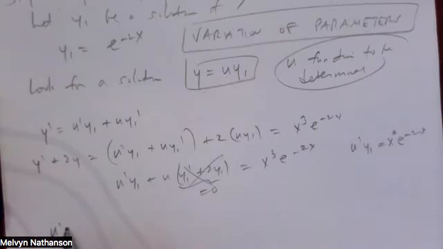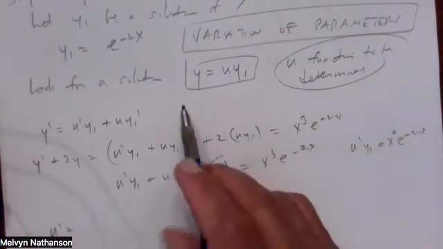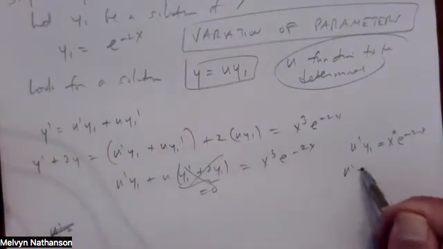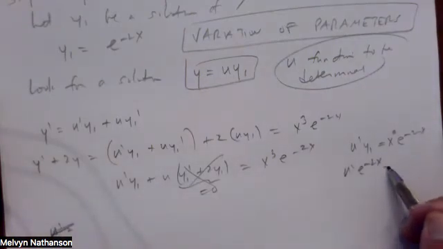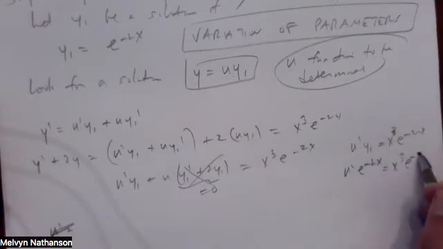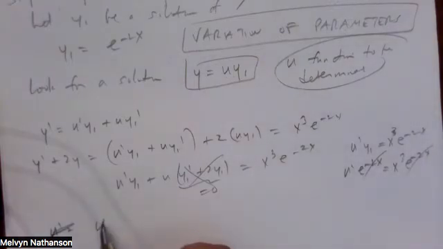So u prime, and what is y1? y1 is e to the minus 2x. So we have u prime e to the minus 2x equals x cubed e to the minus 2x. E to the minus 2x cancel. U prime is x cubed.